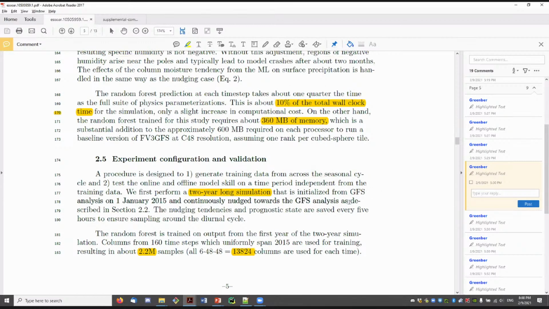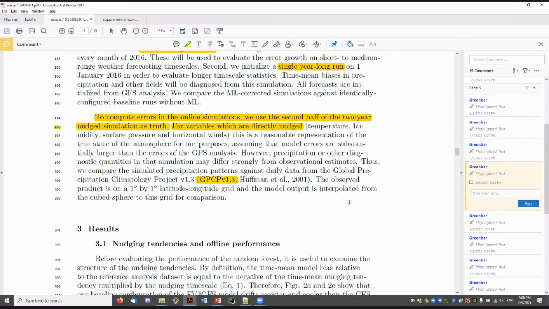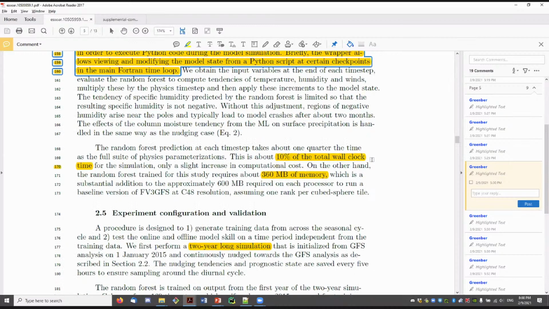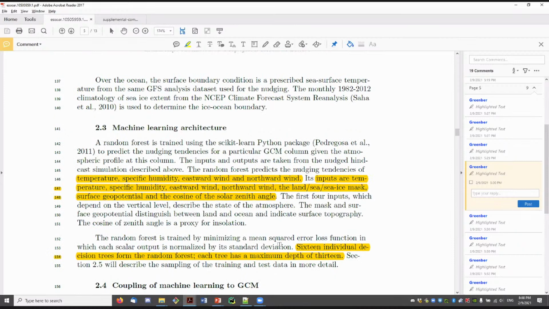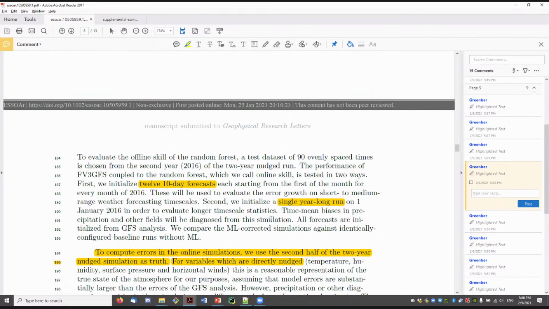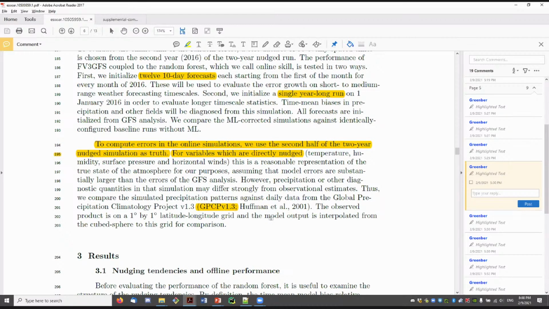Whereas for precipitation, they used this, what is it called? This data set we talked about. I'm not finding it, but this daily precipitation data set that I showed, the 2011 June example, GPCP version 1.3. So they train it on reanalysis on every level. They evaluate precipitation on the surface.